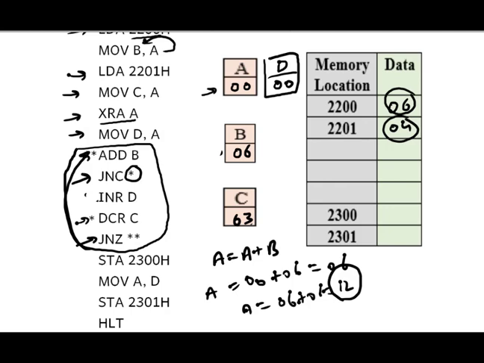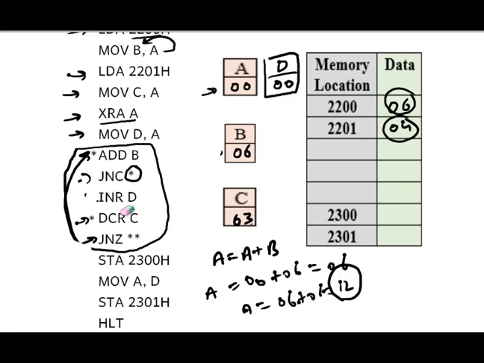Again the next instruction is JNC. Because carry is not generated, it will jump to DCR C. Again C will be decremented, it will become 2. And again it is not 0, so it jumps to ADD B. So ADD B and DCR C perform the repeated addition.